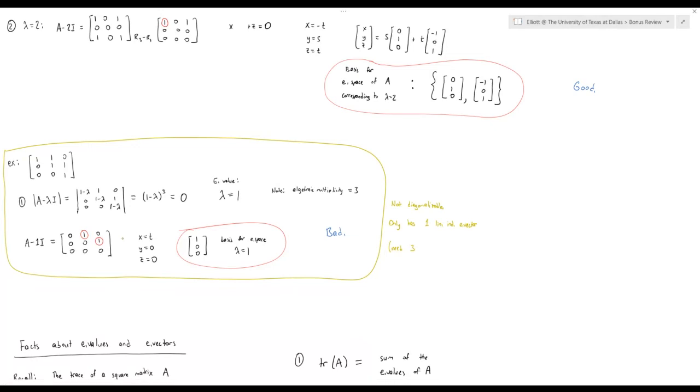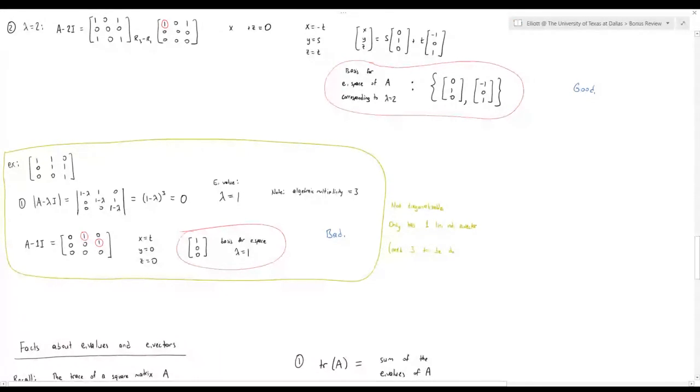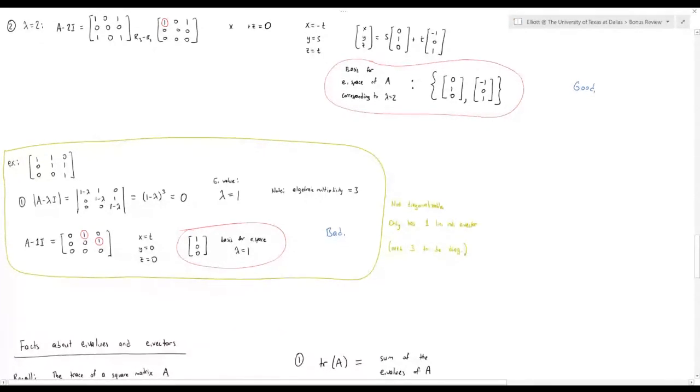So I commented that this was somehow bad last time, but I didn't explain why it was bad. Now we're seeing why: it's bad because it's not diagonalizable. A matrix being diagonalizable has many uses.